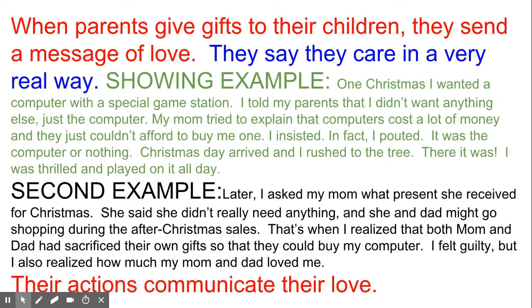We take the bare bones paragraph about gift giving, and then we put a showing example in there. I put it in green, all in first person singular, so an I story, because it is personal experience. It differs from an example in that an example is not something that happened to you.